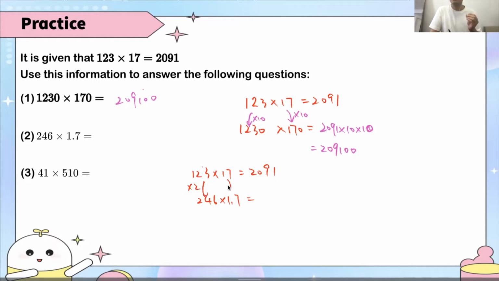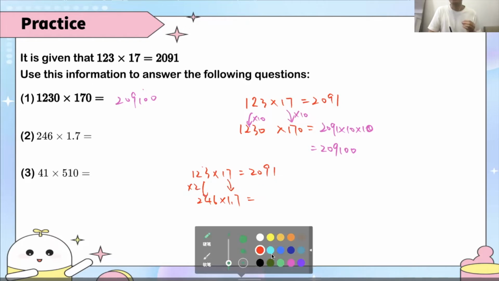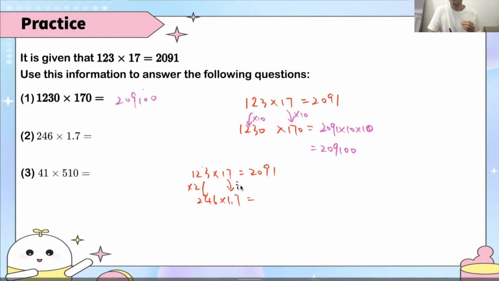From 17 to 1.7, what we do, that is divide by 10. Okay, we have both changes, and we just need to do both changes on the product. We first times 2, and then we divide by 10. Okay, what is the answer? That is 418.2. Great. So most of you found the right answer.